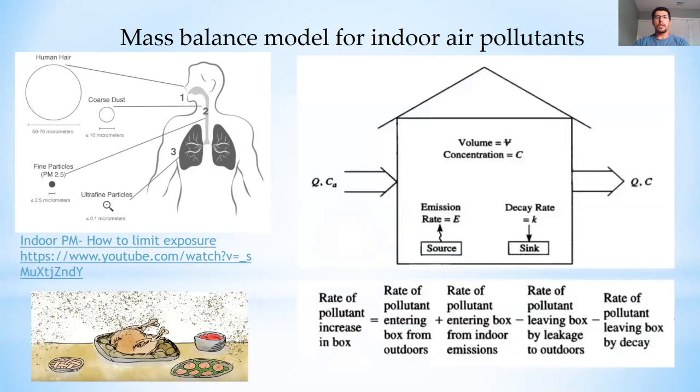As you can see here, similar to that, we have some flow rate Q, we have the concentration, we have the control volume inside the house, and we have some emissions. Some of the particles can sink, or they can settle easily, specifically the big particles.